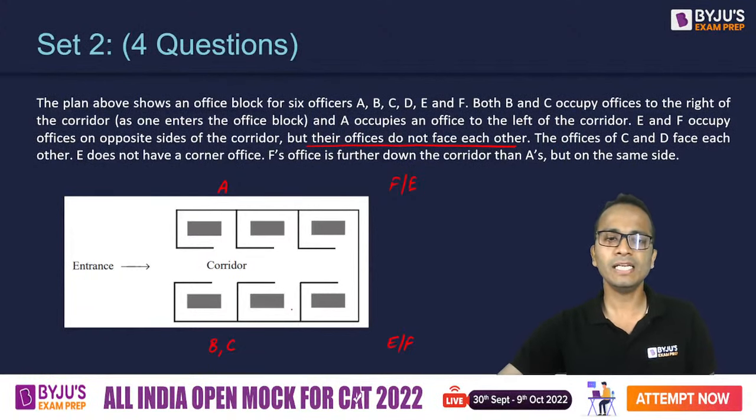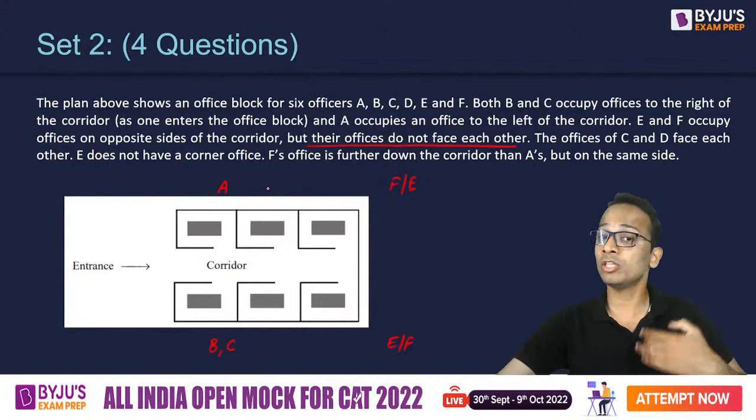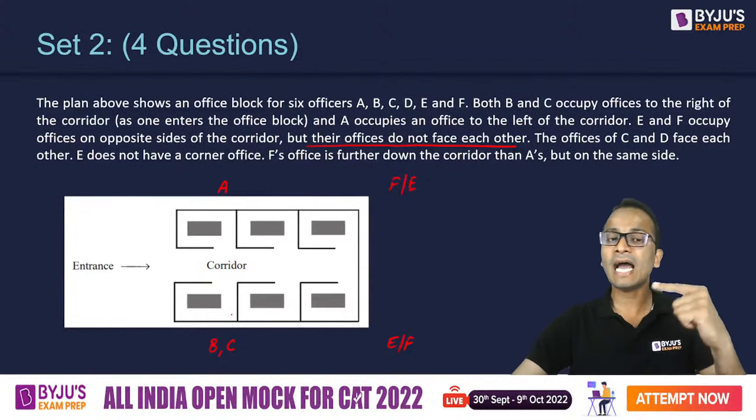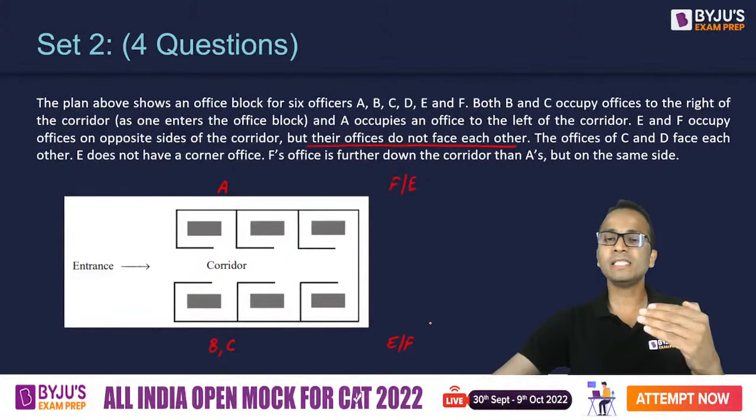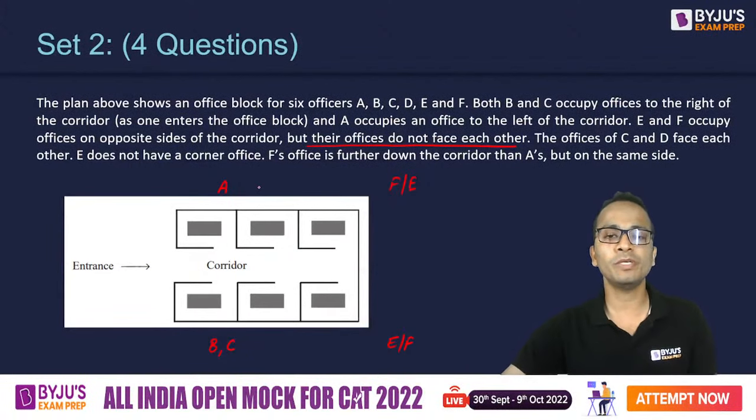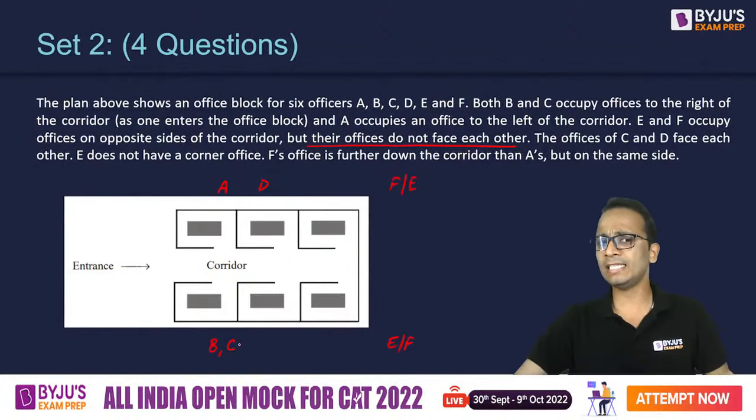Since C is on the right-hand side, D has to be on the left-hand side. Now the remaining persons are E and F. We have to just find out who will be on the left-hand side and who on the right-hand side. So A and D are definitely on left, B and C definitely on right, and then we'll have to decide about E and F.